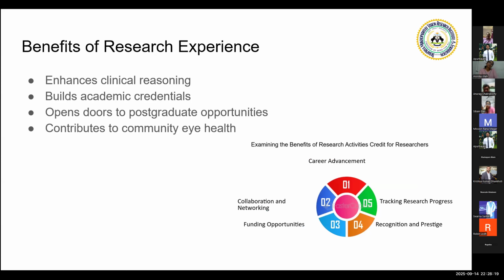Okay, so that is another factor, but ultimately your research contributes significantly to the society. Your research contributes significantly to the field of your expertise. Your research contributes significantly to the other professionals who are working alongside you.